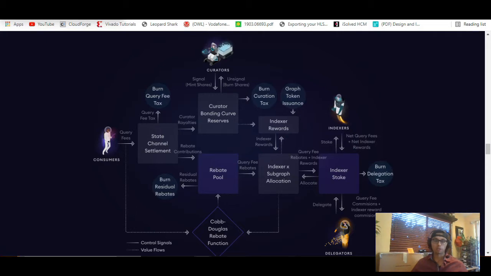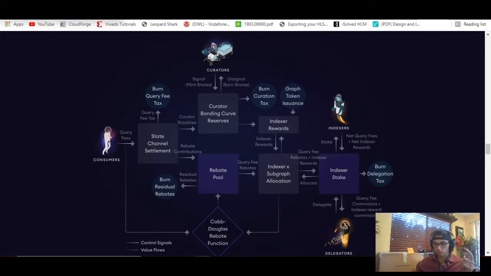So it's going to burn the query fee tax, and then the query fees get passed through into the indexer rewards, but the curator will also get a share of the query fees for curating, for signaling this subgraph. And then there's a curation tax that gets burned.